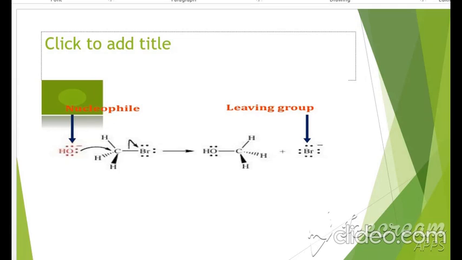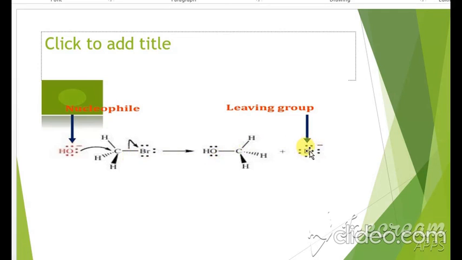Third, three things participate in the nucleophilic substitution reaction. This is the general reaction on the screen. For example, CH3Br is the alkyl halide. OH negative is the nucleophile, and when the nucleophile attacks the alkyl halide, it replaces the bromide, and the bromide leaves with its electron pair.